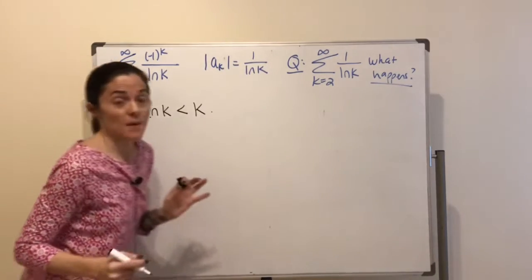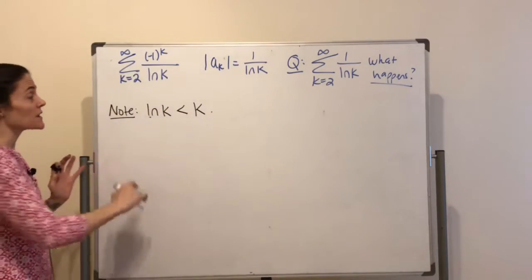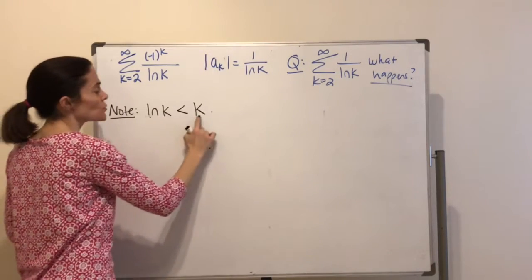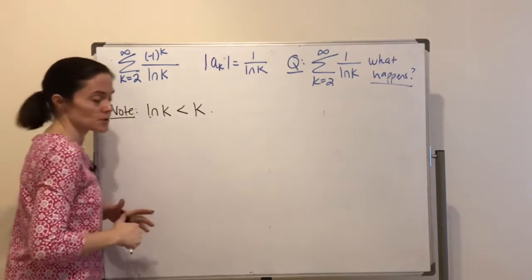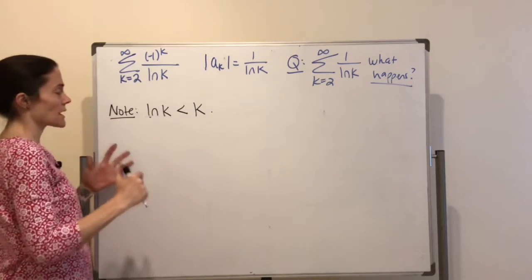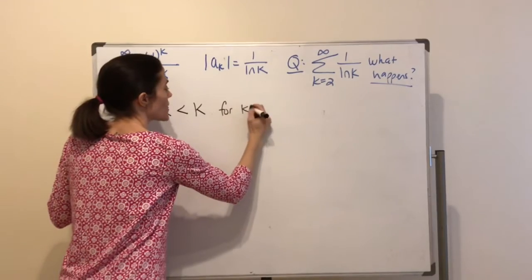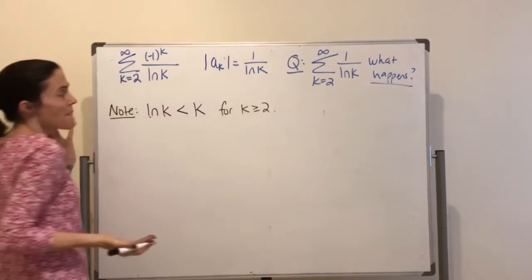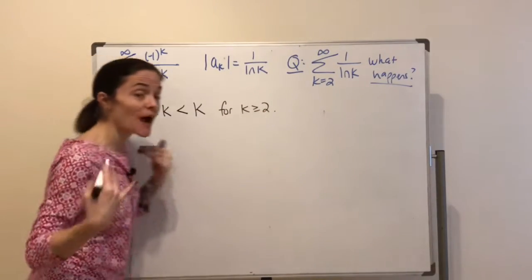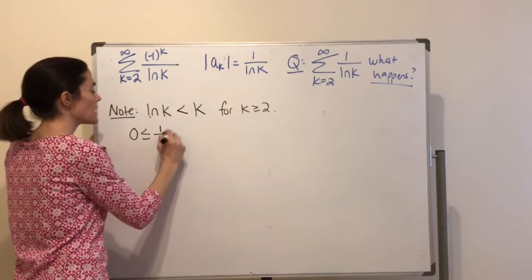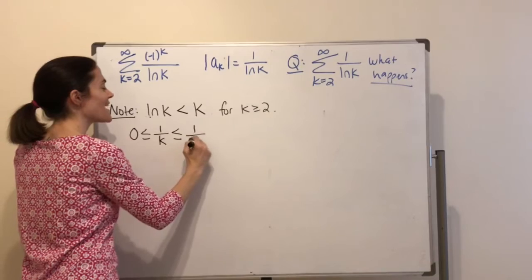Of course, this came up in our growth rates, that as you get very large, the log grows significantly slower than k, but this is true generally. For k bigger than or equal to 2, I have the following: 1 over k is less than or equal to 1 over ln k.